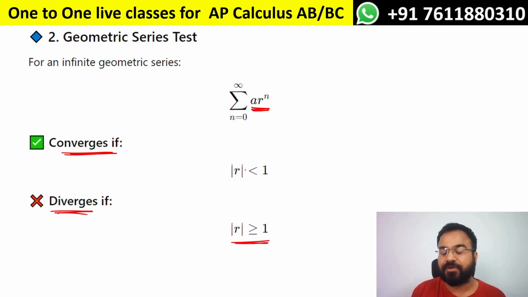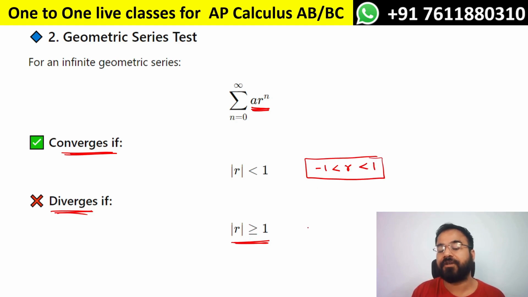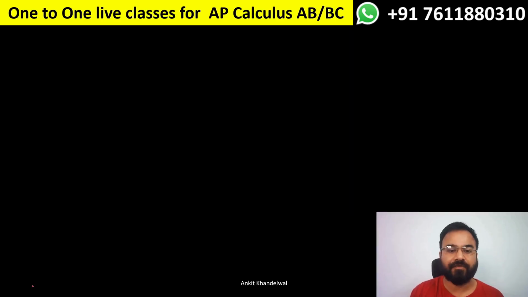When we say the absolute value of r is less than 1, it means r should lie between minus 1 and plus 1. And absolute value of r greater than or equal to 1 means r is greater than or equal to 1 or r is less than or equal to minus 1. If it follows this condition, then it diverges, otherwise it converges. Diverging means the sum of the terms will become infinity.